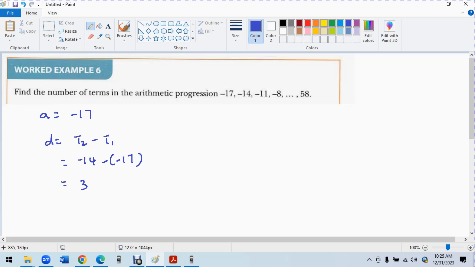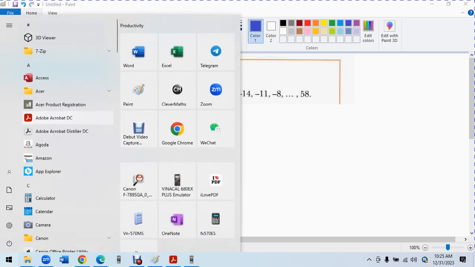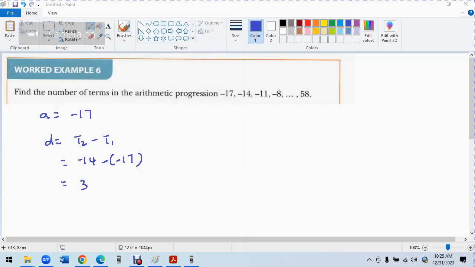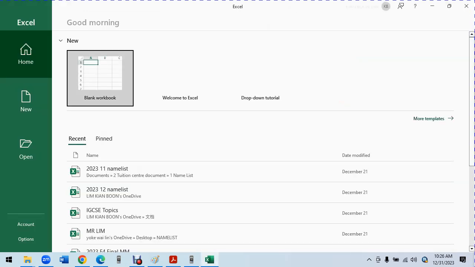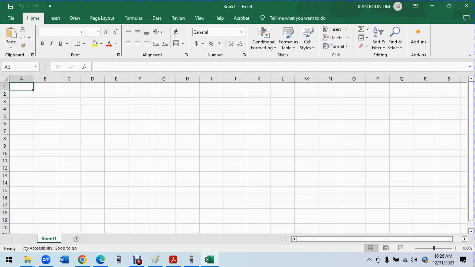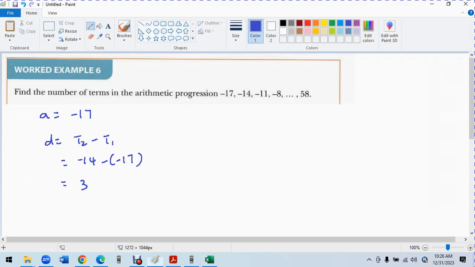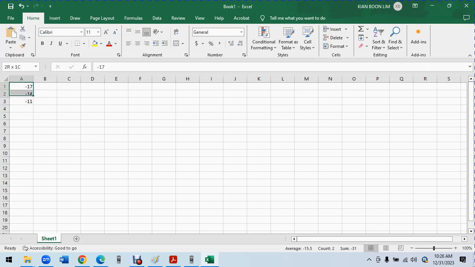To find the position of 58 is not difficult. In the exam, if I want, I can do it manually. But since I'm using my computer, I can use the computer to do this. So the first term is negative 17, negative 14, and then negative 11, and so on.